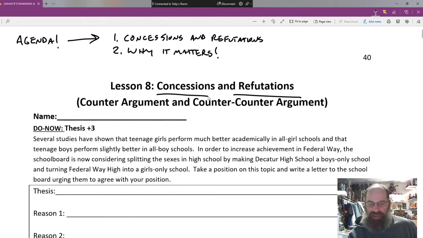However, the refutation is the part where you have the counter-argument. So your refutation is the way of looking at the other person's argument and then pointing out perhaps a flaw in that argument or why your argument matters more.